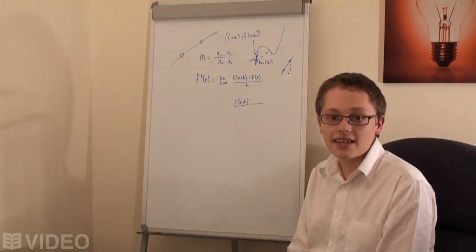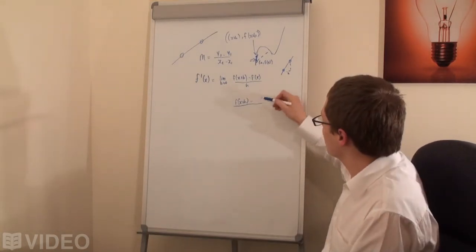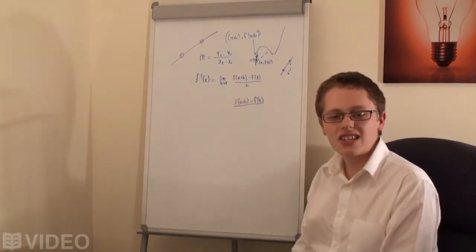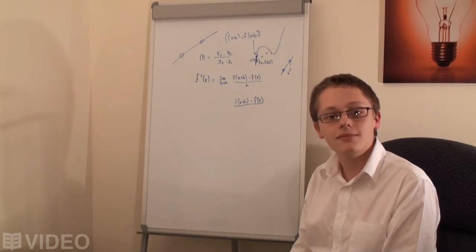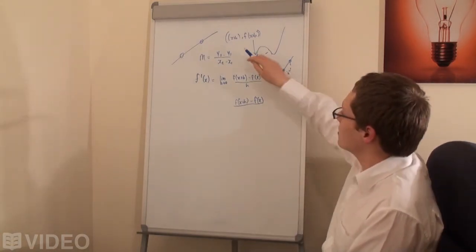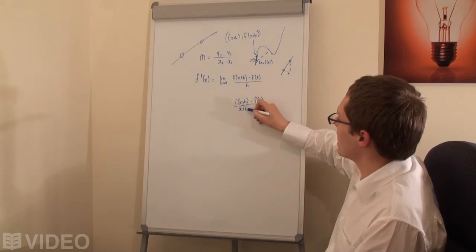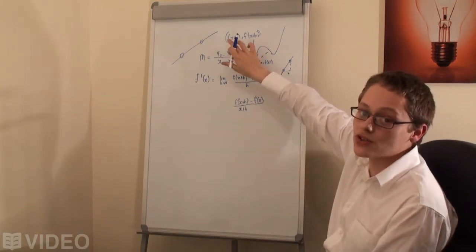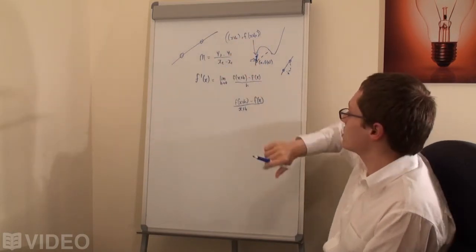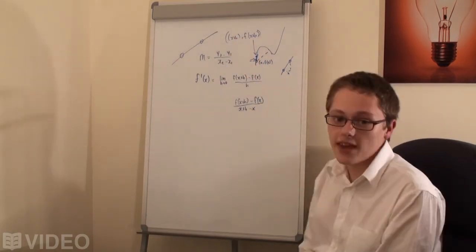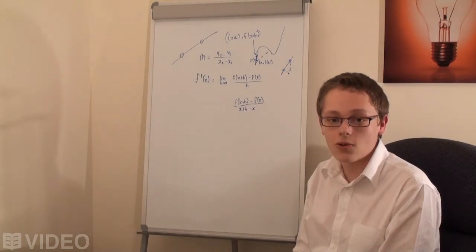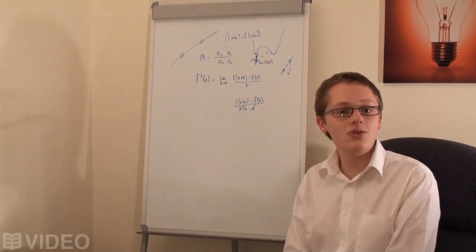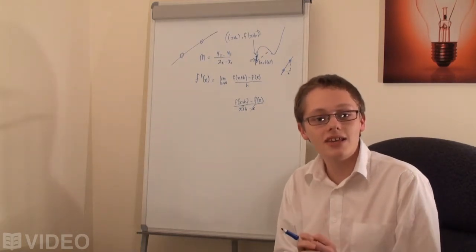And let's say that f of x is y1. That's how we get the top line. We get the bottom line by having x plus h, which is the equivalent of x2 from our linear algebra slope formula, and then we take x from it, which is the equivalent of x1 from our linear slope equation in algebra. And that's how we get the equation, because the x's cancel. X take x is equal to 0.